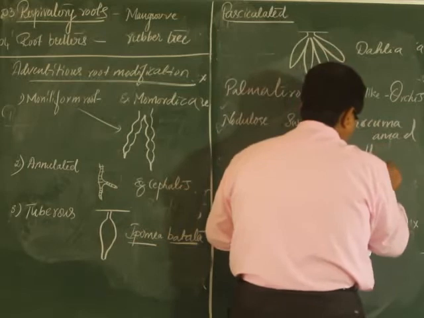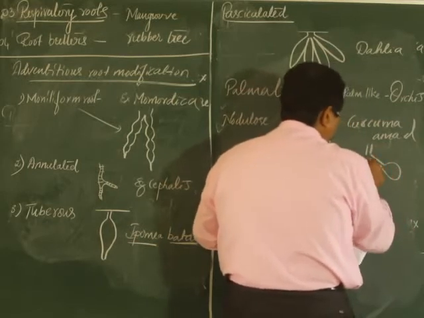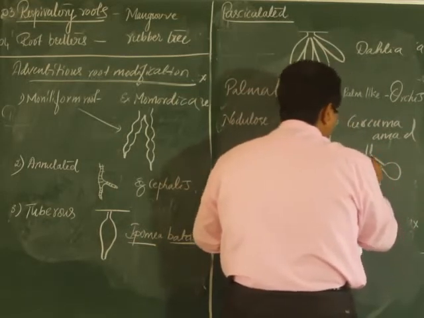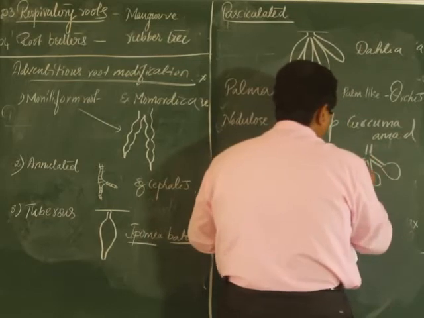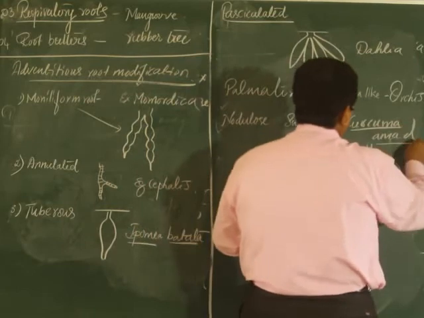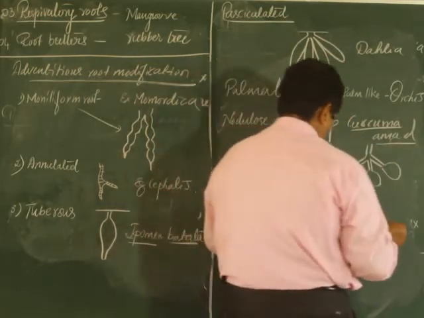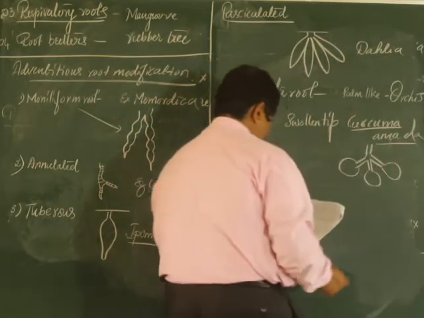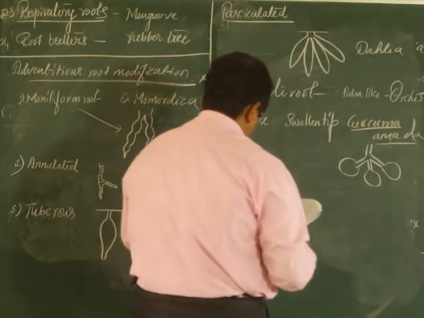The roots are like this. They are narrower in the beginning and they are swollen at the tip. They are like this.